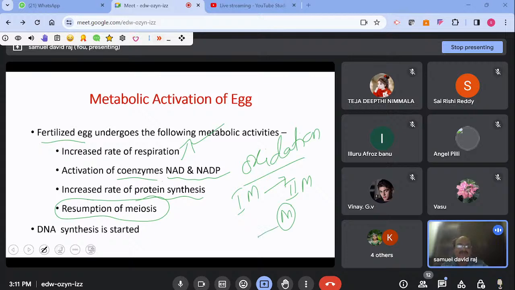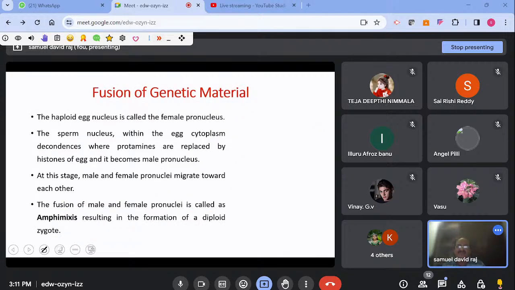Now, this metaphasic arrest is prevented and it continues to anaphase, telophase, cytokinesis, thereby the second polar body and the ovum are released. Scientists also say that DNA synthesis is started during the metabolic activation of egg.